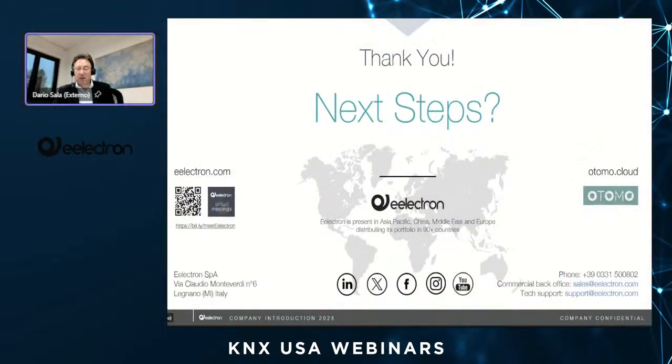The combination of this is across the KNX portfolio, but also interacting with other devices like Valley, Modbus, and all the other protocols that we have referred to before, based on the application. So that's, in my opinion, a little bit in a nutshell today's presentation, an extract of our portfolio that can be really used in the North American market, and the way in which we can work on it.